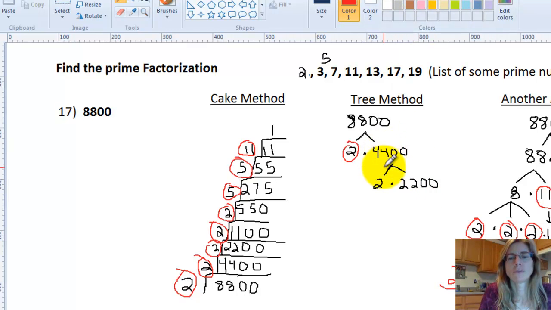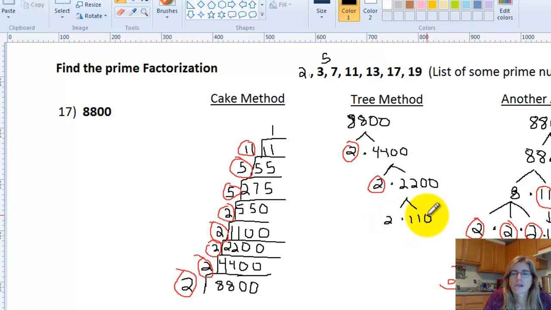Make sure you circle your prime factors as you get them. 2200 needs to be broken down. So that is 2 times 1100. Now let's circle our prime factor. And 1100 can be broken down still to 2 times 550.